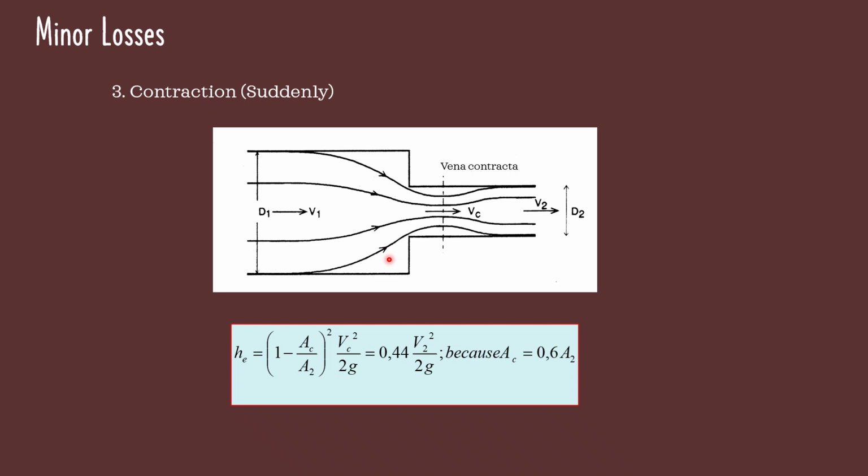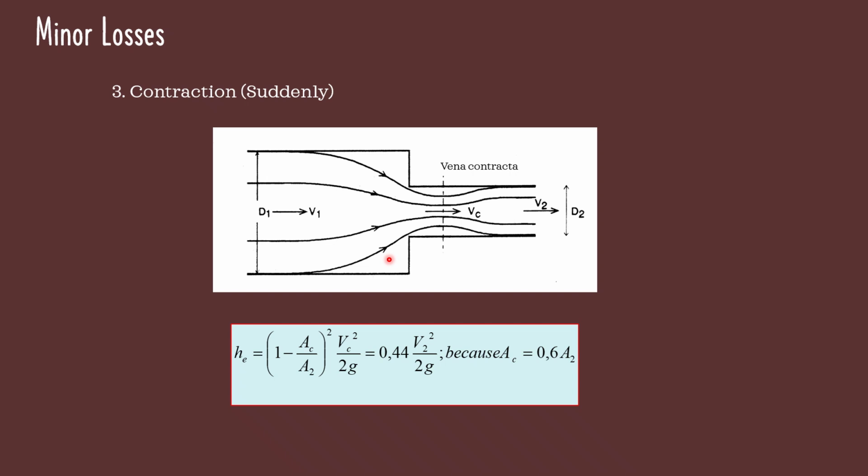So it is the vena contracta. The diameter is not the diameter of the pipe, but the diameter of the water flow. So we can use the vena contracta diameter.